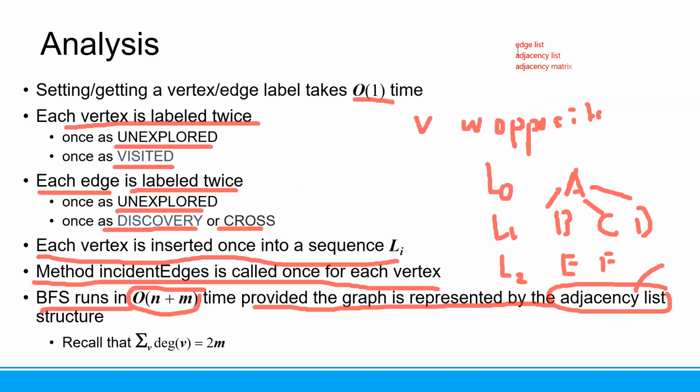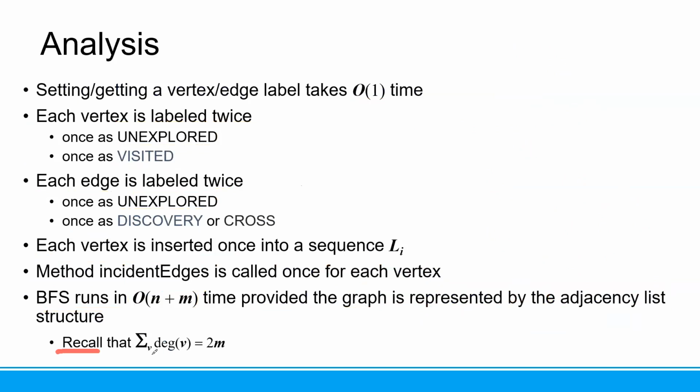So that's the basic one for the graph. And we have one property: the number of edges, 2 multiplied by m, will be equal to the summation of the degrees of the vertices. So this is the graph property.